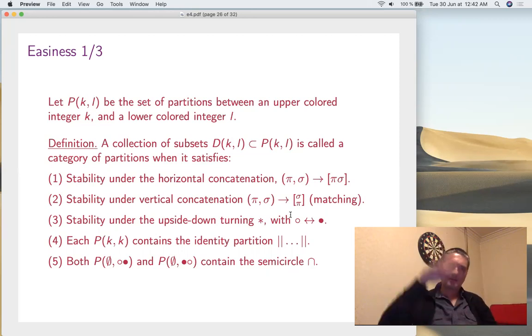Now the identity partition, like this, must be in each P(k,k). And the semicircle must be in it too, the white-black and black-white semicircles. It's very similar to categories, and actually it's a delinearized version somehow of the simplest categories that can appear.